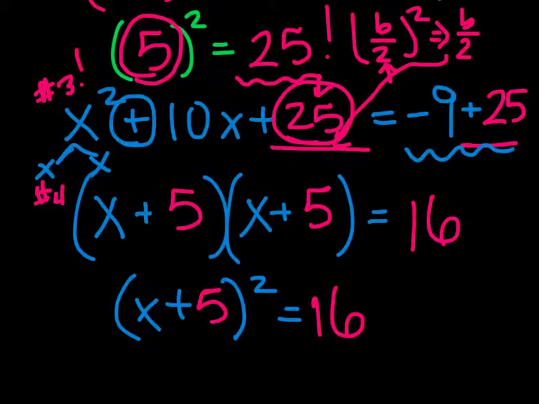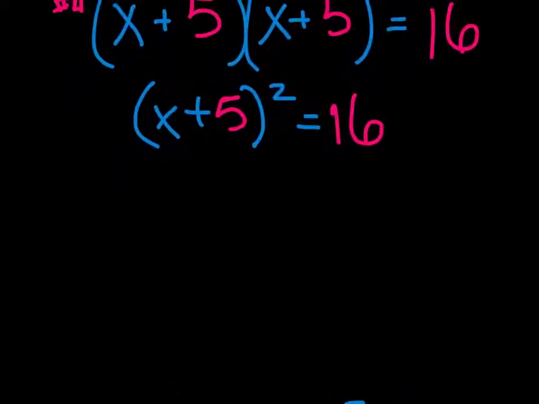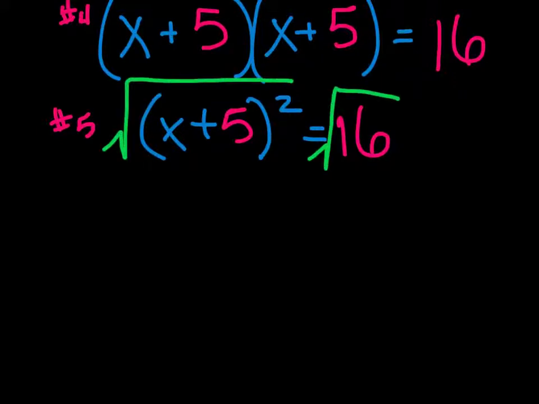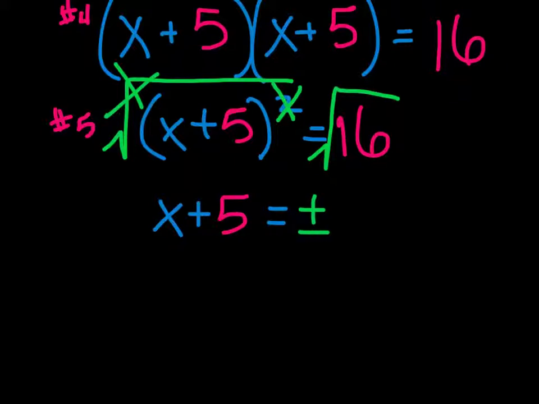Awesome. From here, we need to take our square root, so that is our step number 5. We take the square root of both sides. That square root takes care of our squared, so we have simply x plus 5 is equal to the square root of 16. The square root of 16 is plus or minus 4.